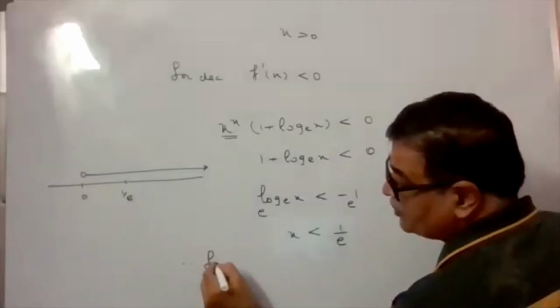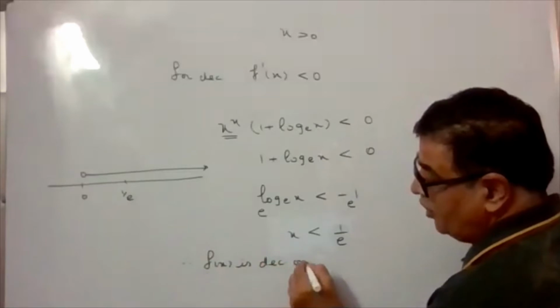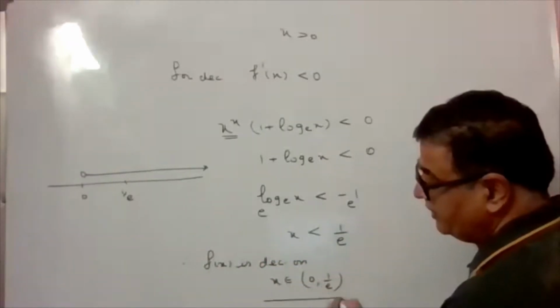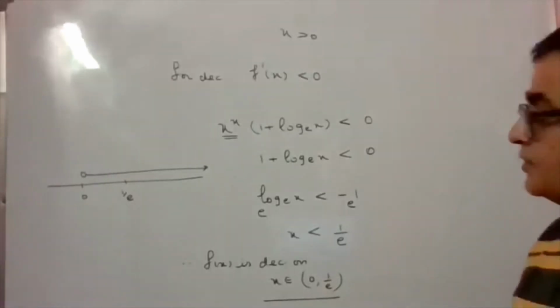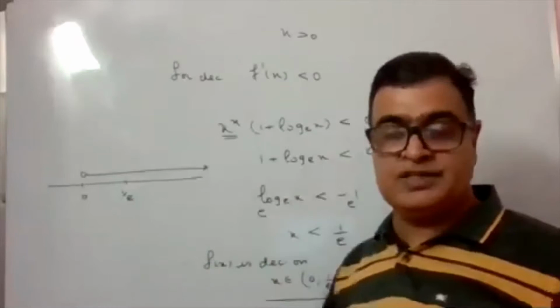So therefore f(x) is decreasing on x belongs to 0 to 1 by e. That is the result. So 0 to 1 by e decreasing, and from 1 by e onward it's increasing.